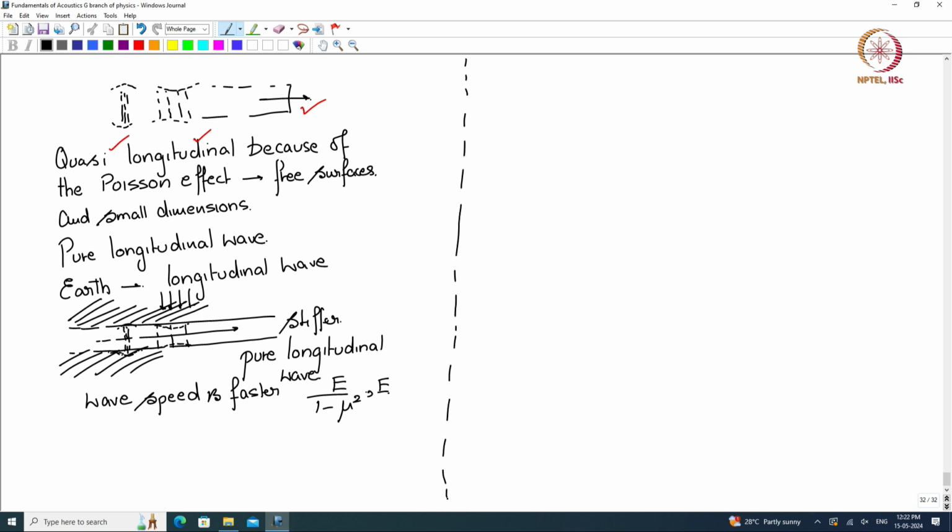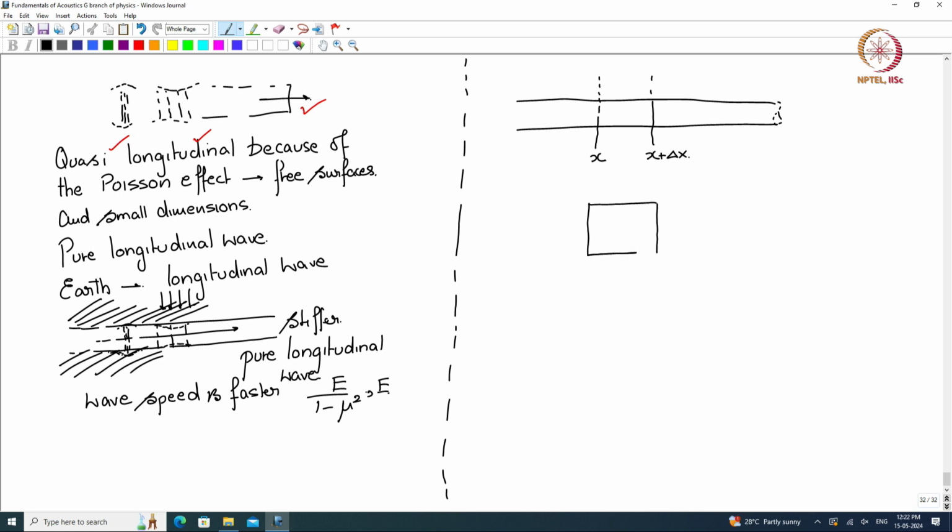So, now let us see, we have a rod which is carrying a longitudinal wave, and let us say we are looking at a section, x is here, x plus delta x is here. So, I will separately cut this portion out and draw it a little bit exaggerated.